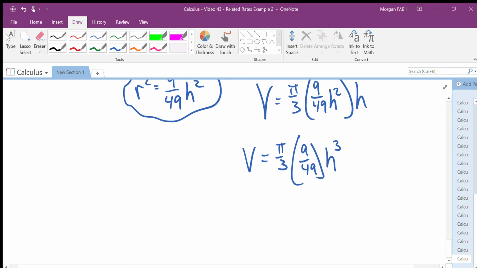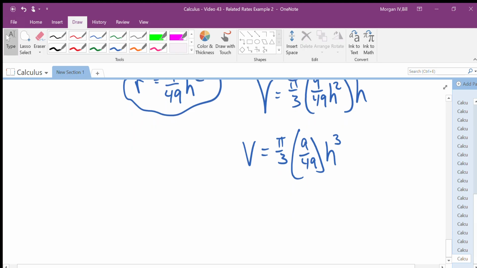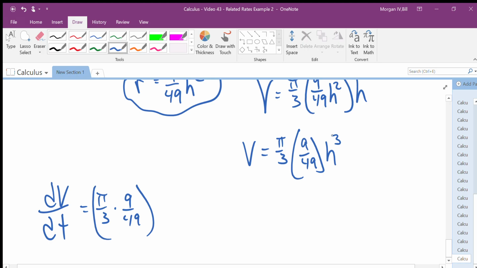All right, so now let's take the derivative implicitly. The derivative of volume is dV/dt. Pi over 3 and 9/49 multiplied together is just a coefficient, just a number, so I'll just write them down: pi over 3 times 9/49. And I'll take the derivative of h cubed, which is 3h squared dh/dt.